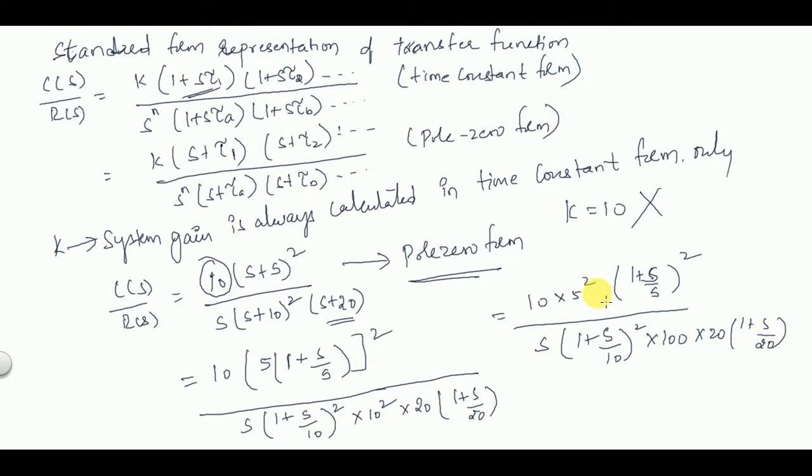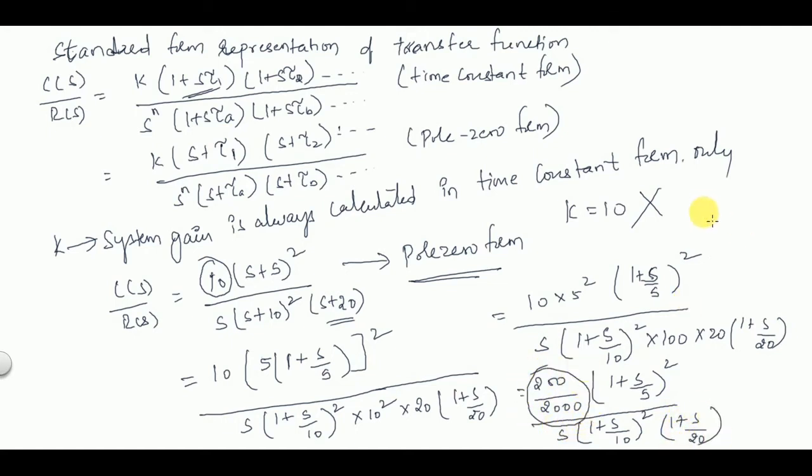So finally what you'll get? 25 into 10, 250, so 250 by 2000, into (1 plus s by 5) whole square divided by s into (1 plus s by 10) whole square into (1 plus s by 20). So this is the gain here.